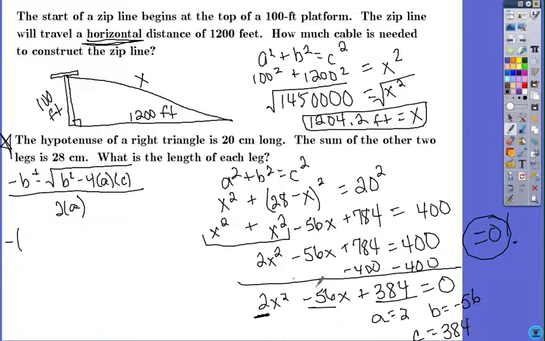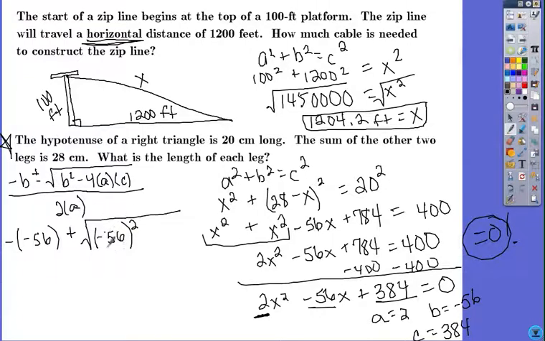The opposite of b, so the opposite of negative 56, plus, and I can only do one of these operations at a time, square root of, I'm going to put my b in parentheses. Anytime you plug a number in, put it in parentheses. It's important because since this is a negative, if I did not have it in parentheses, I would have the wrong answer.